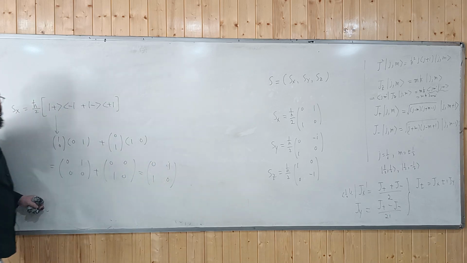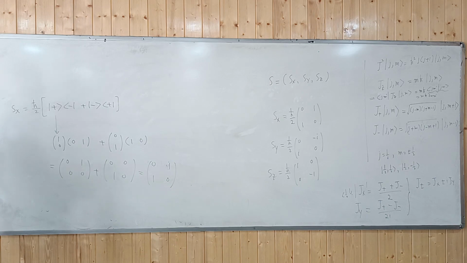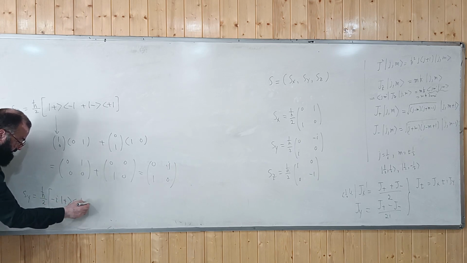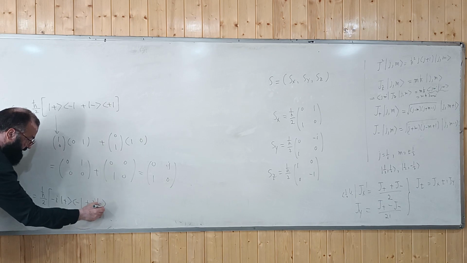Okay, clear? Similarly, I have Sy as h bar by 2. What does y have? It has minus i and i. So I will put it as minus i plus minus plus i minus.